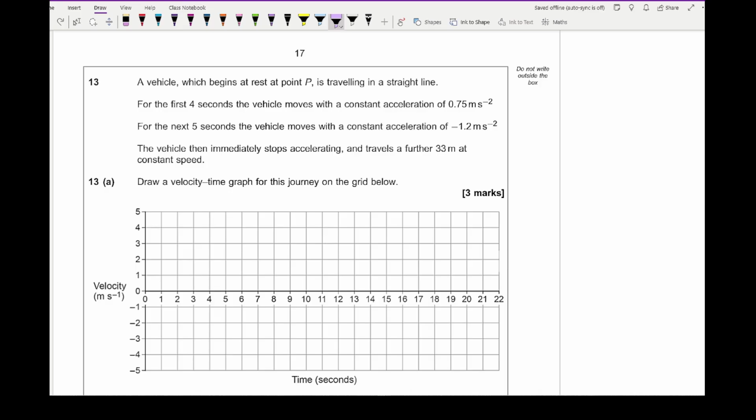We need to get the information from the description. So we've got first 4 seconds, so that is here our first 4 seconds.